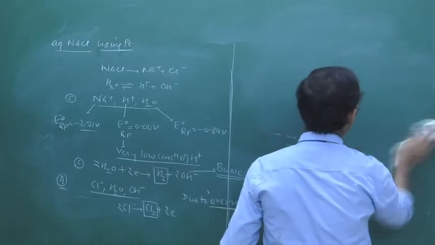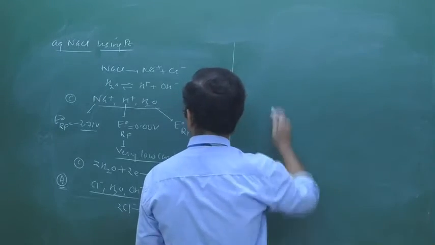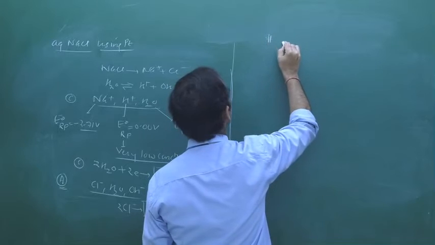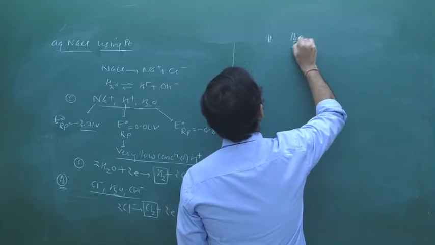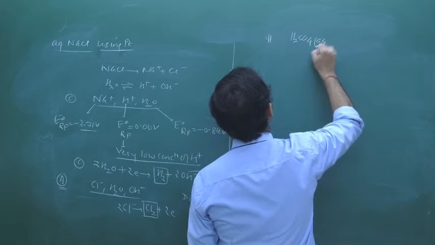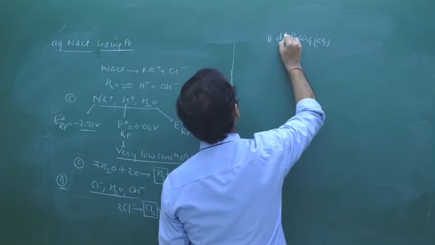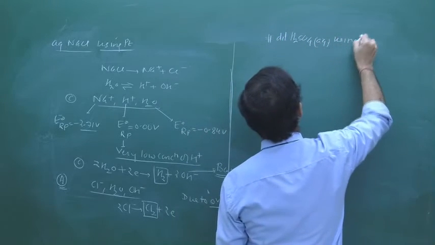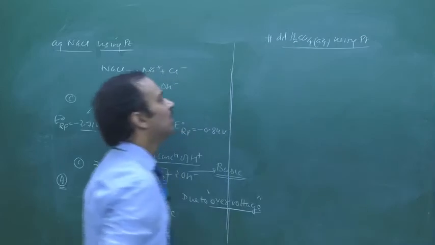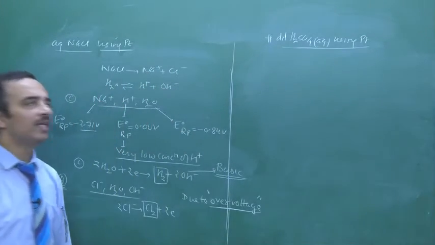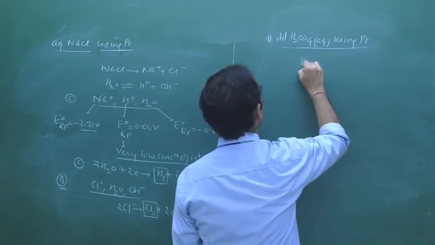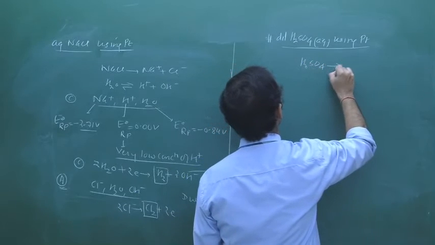What is that example? H2SO4 using platinum electrodes. H2SO4 ionizes like this.